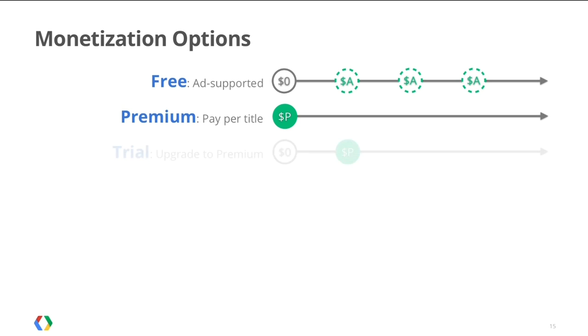So that's free and premium. Finally, there's trial, where you typically have a light version, sometimes limited by functionality or time-bound, whereby the user can upgrade to a full version if they like what they see in the free version. This model is particularly popular in premium games. We see a lot of premium games that have a light version and a full version.